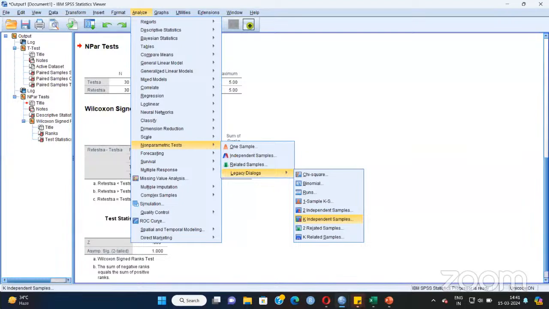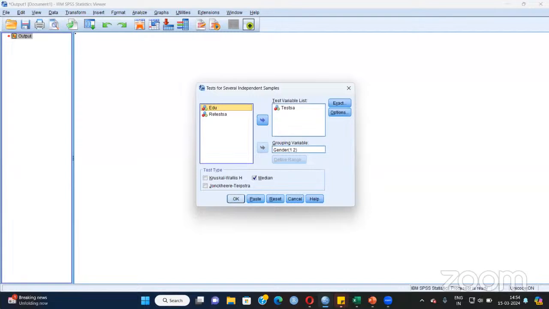So whenever you want to study pre-post experimental design data, you have to follow this model. You have to click K Independent Samples. Next you have to indicate your dependent variable.